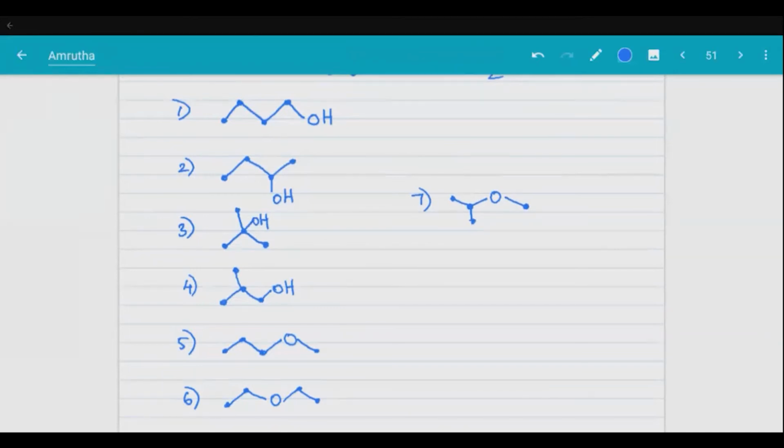Check carefully. Alcohols, 4 carbons, 3 carbons, just count this. No other possibility, correct?